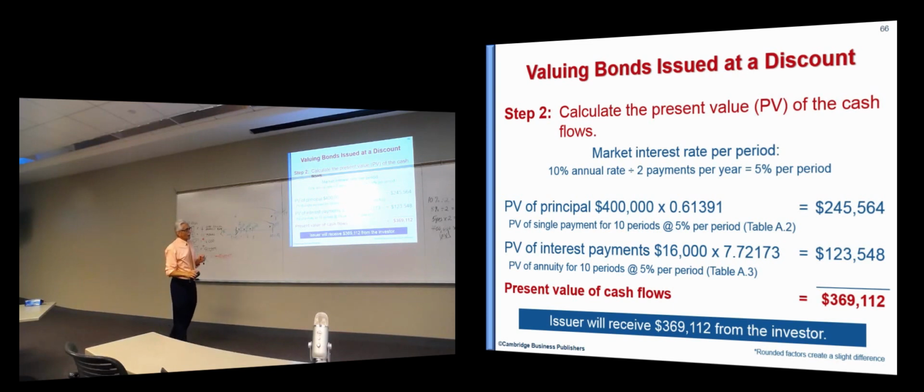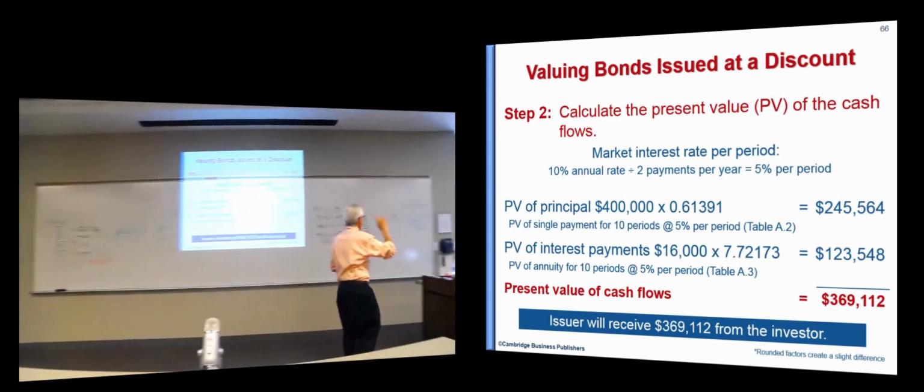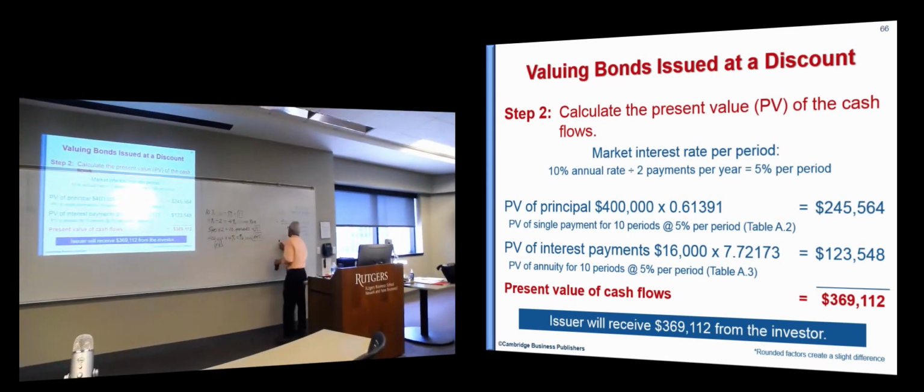So instead of discounting this at 4%, you're discounting it at 5%, semi-annual. And just remember that anytime interest rates go up, present value drops. There's an inverse relationship. The longer you wait for your money, the higher the interest rate, the lower the PV. So when those rates go up, the PV is going to drop.